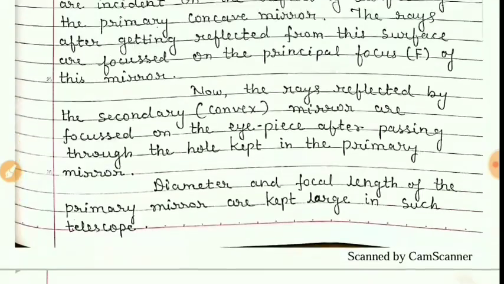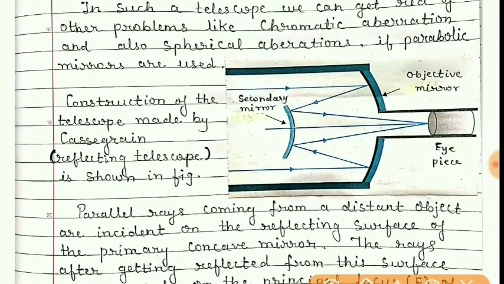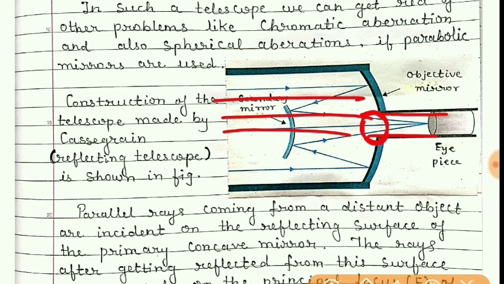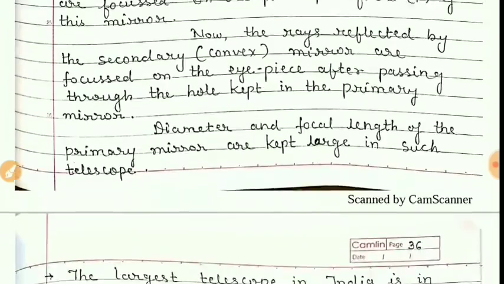Means to observe the image, the eyepiece is kept here, and due to that we have to put a hole here, and when the hole is kept here, it obstructs the light coming from the object. So this is one of the drawbacks.